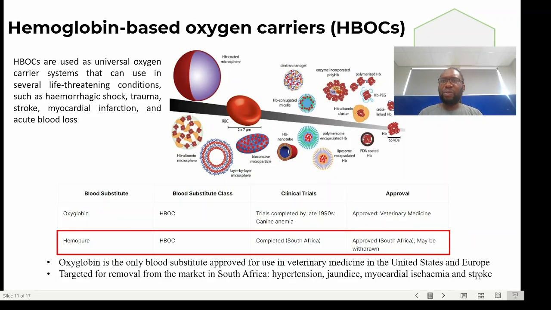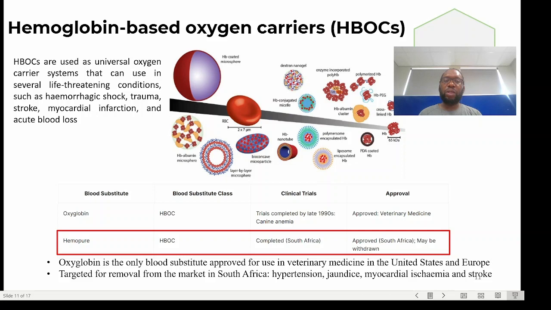In terms of hemoglobin-based oxygen carriers, this is considered a universal oxygen carrier. It can be used to help people going through trauma, accidents, or facing anemia. But the problem is that these particles are failing to get into human application.